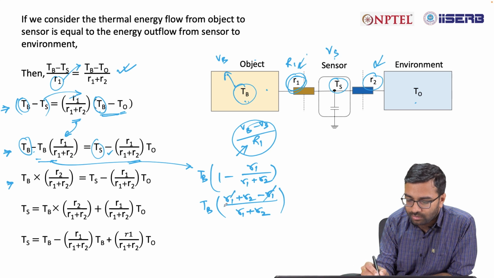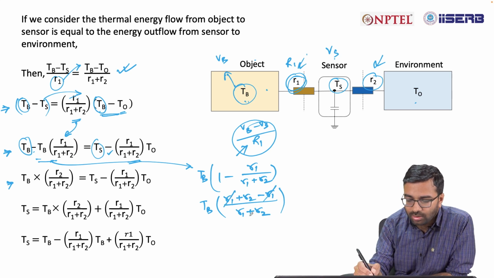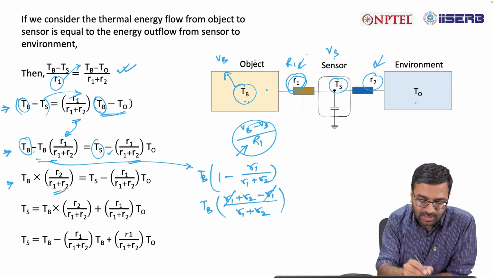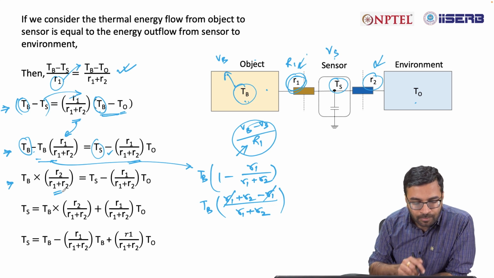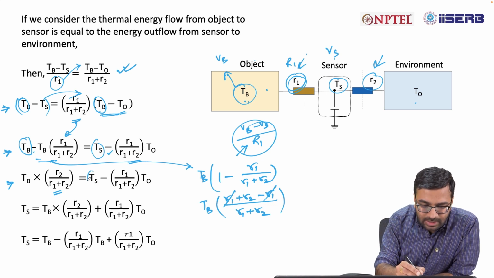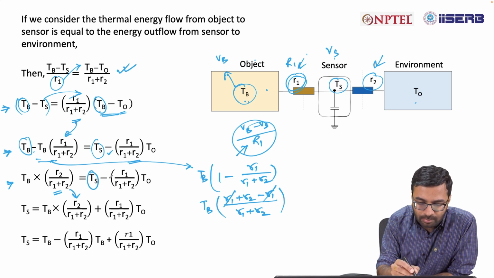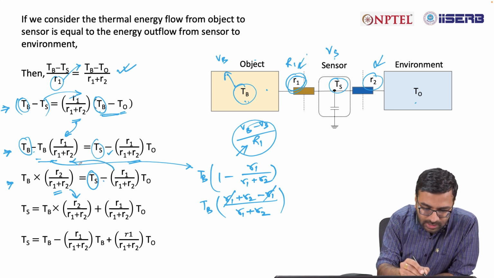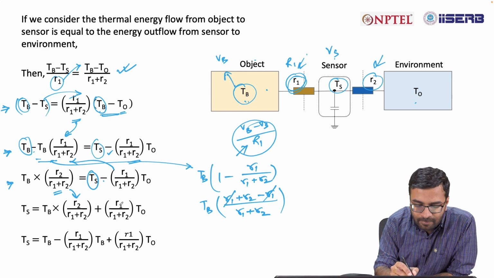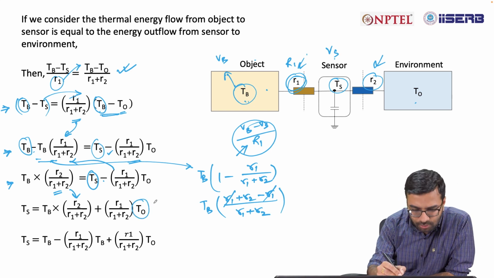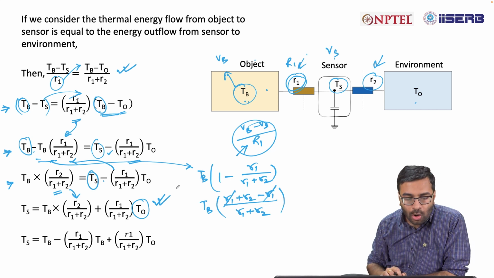Then R1, both of these got cancelled. So it becomes R2 divided by R1 plus R2. That is what is written over here. Okay. So then TS is equal to TB into this plus, because you will take this to the other side, R1 divided by R1 plus R2 into T0. This is one expression.